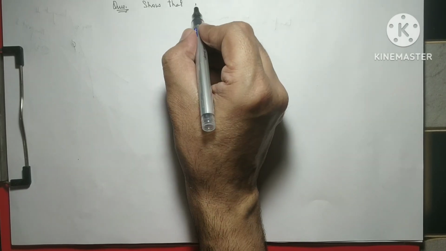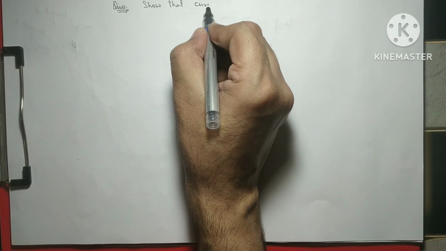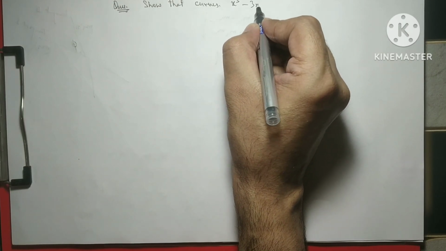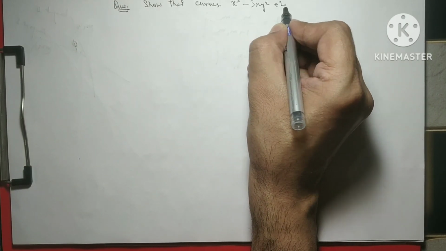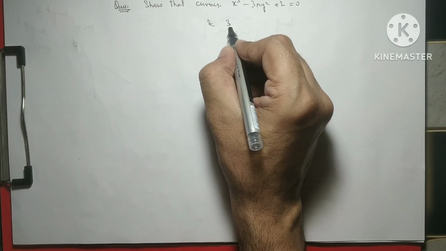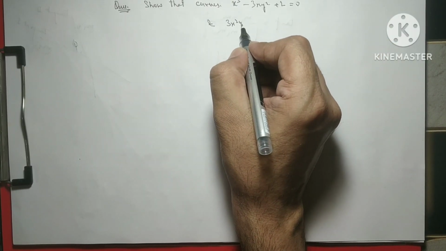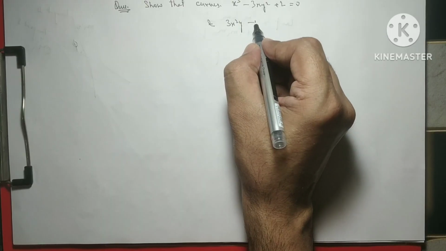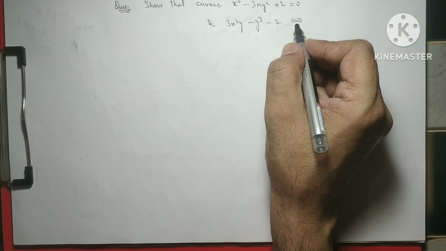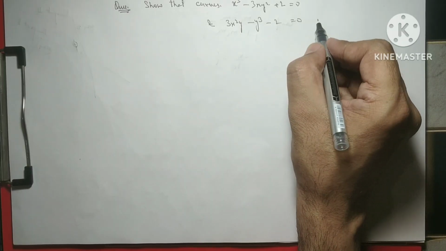Show that the curves x cube minus 3xy square plus 2 equals to 0 and 3x square y minus y cube minus 2 equals to 0 cut orthogonally.